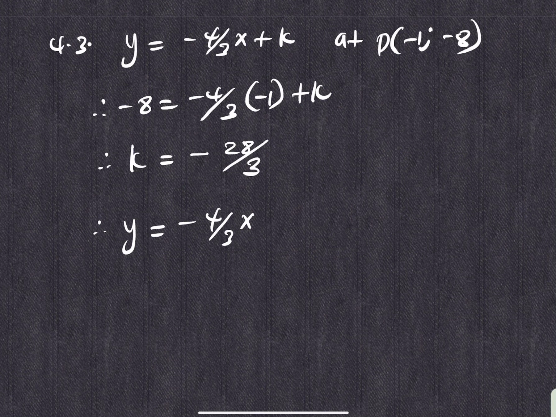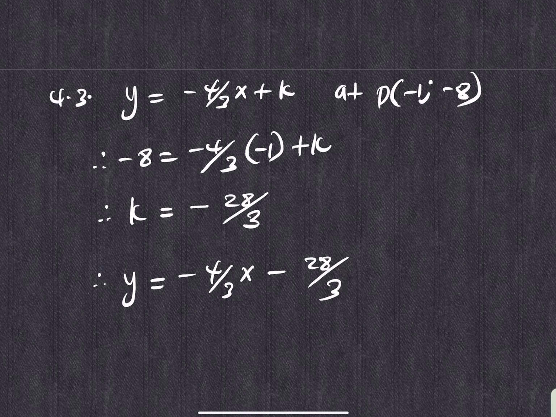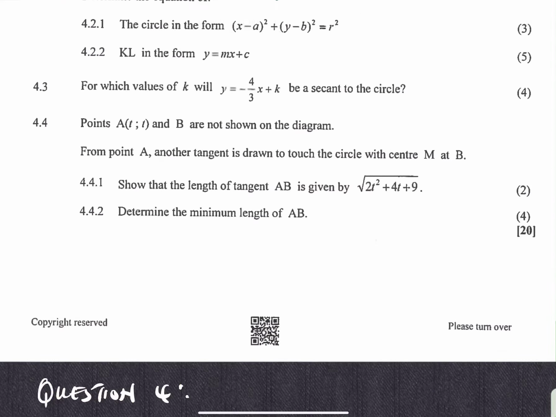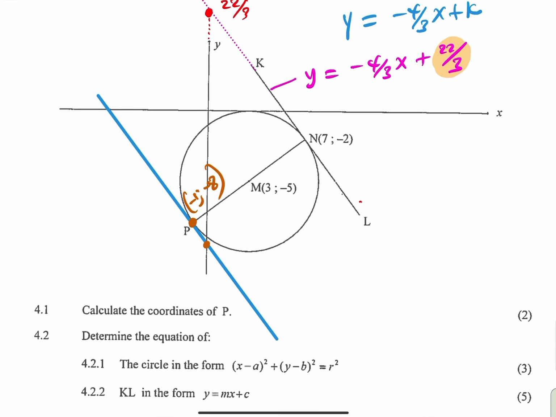We've just solved it to be -28 over 3. So now I'm going to go back. And say that at this point, the y there is -28 over 3.